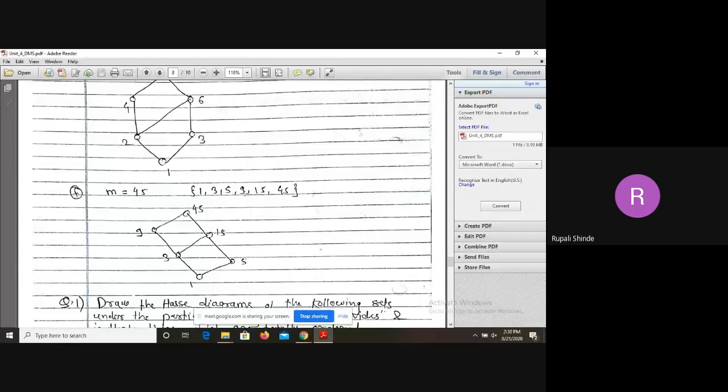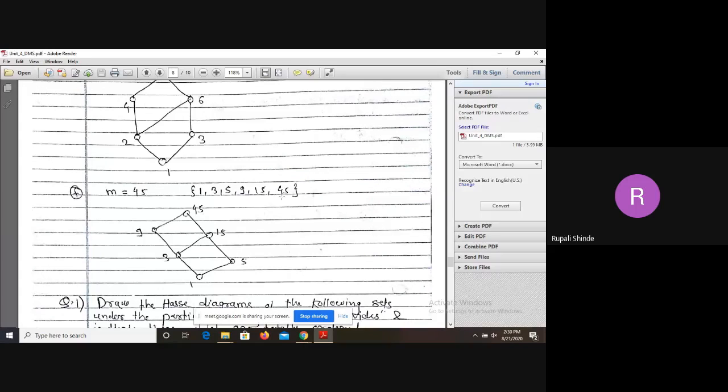The next element is 9. 3 divides 9, that's why the position of 9 is above 3. Again these two are connected because 3 divides 9. The next element is 15. For this 15, 3 and 5 both are dividers, so 3 to 15 and 5 to 15.